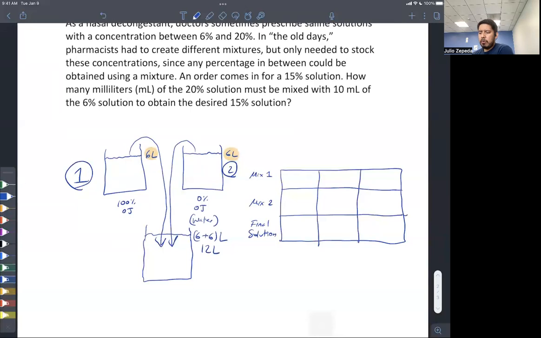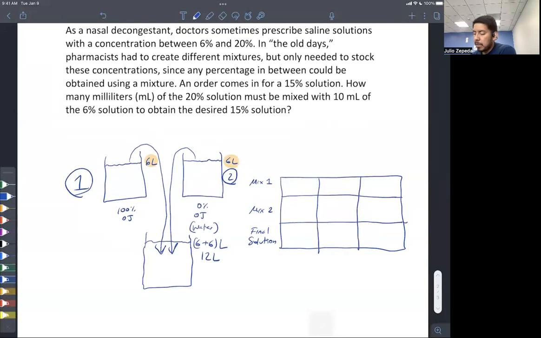Okay, so what are the relevant quantities? Well, we want, what do we call them here?